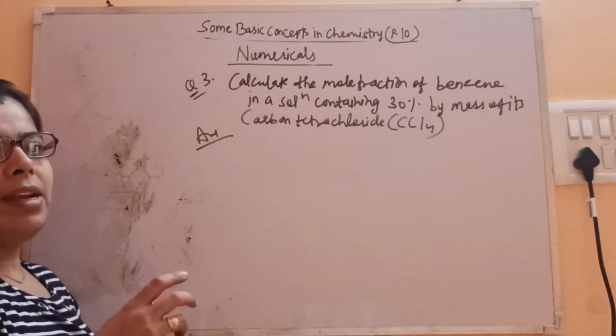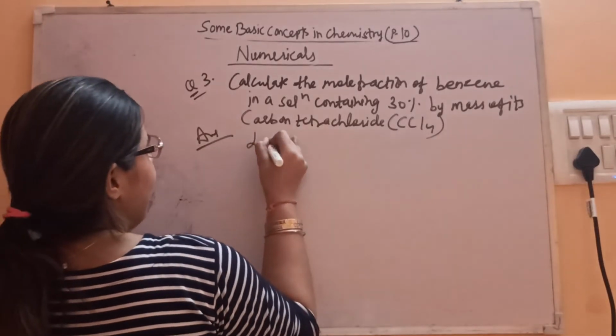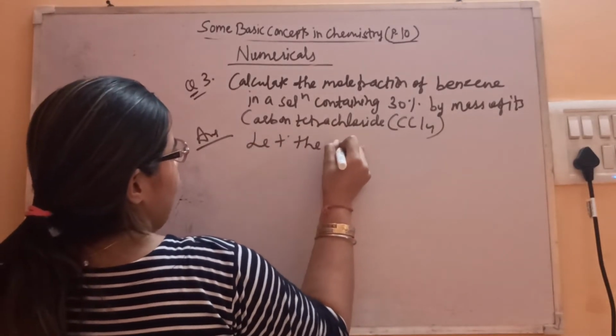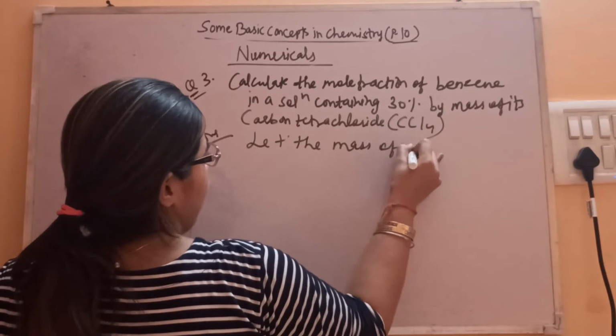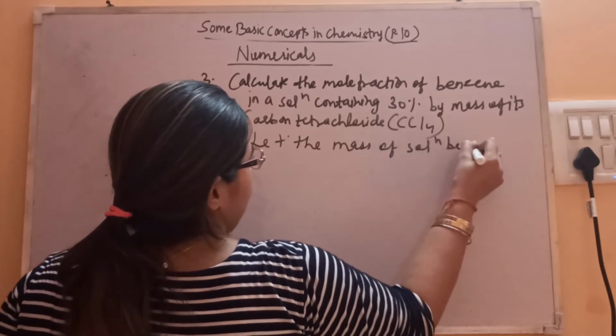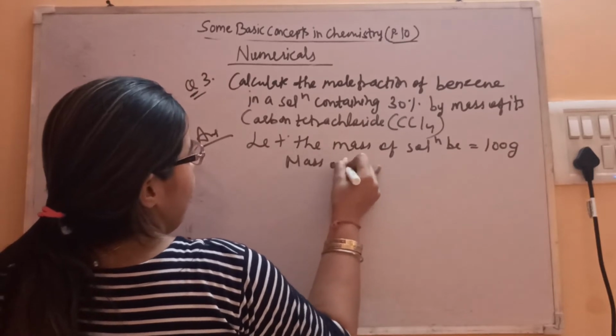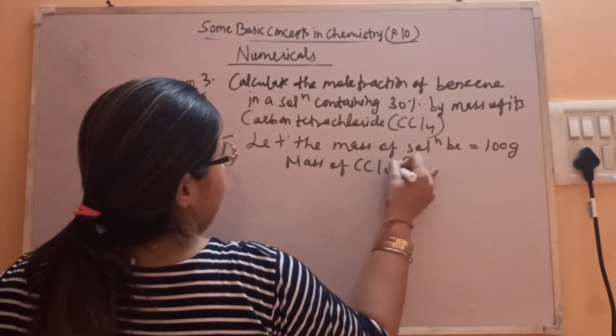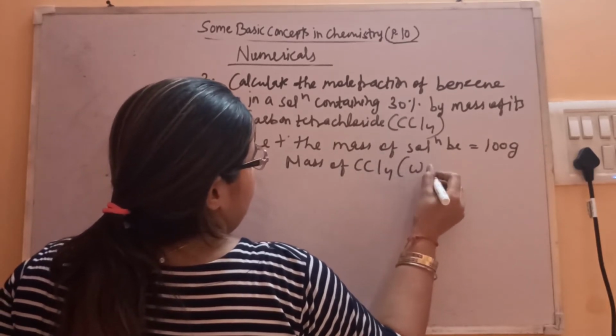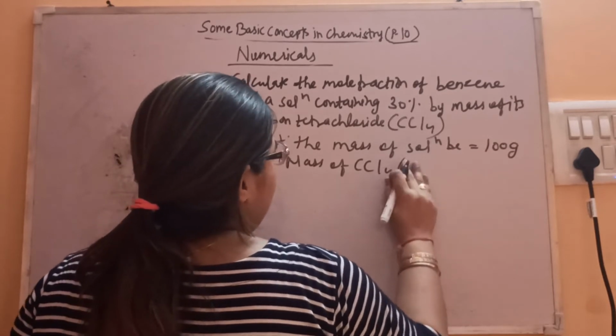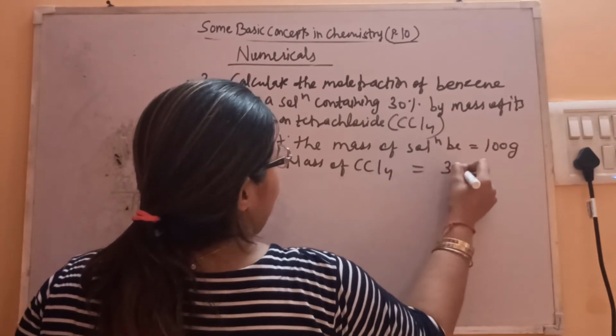It means let the total solution be 100 gram. Let the mass of solution be 100 gram. So mass of CCl4, it's 30 gram.